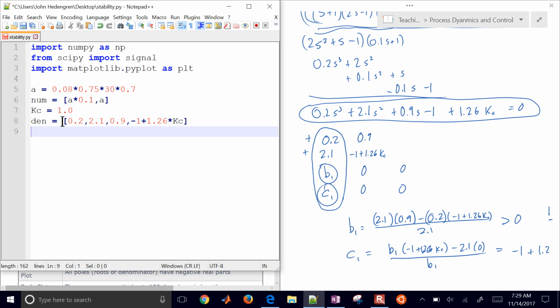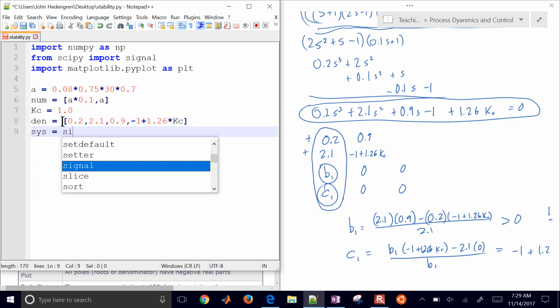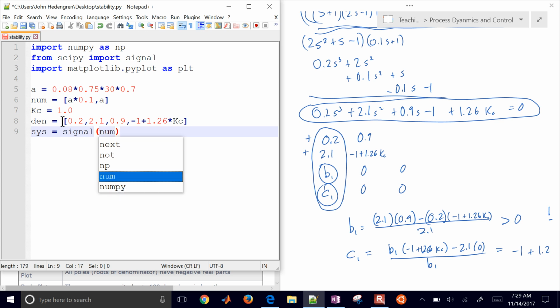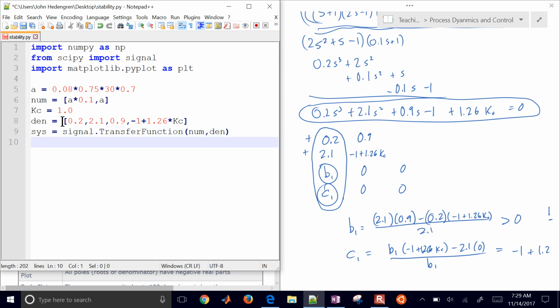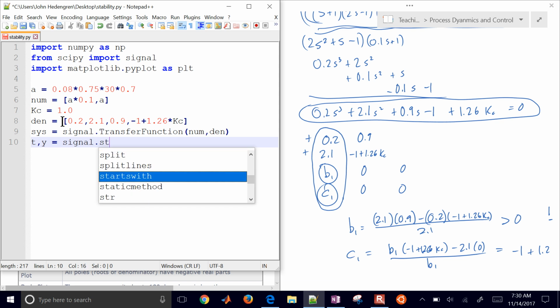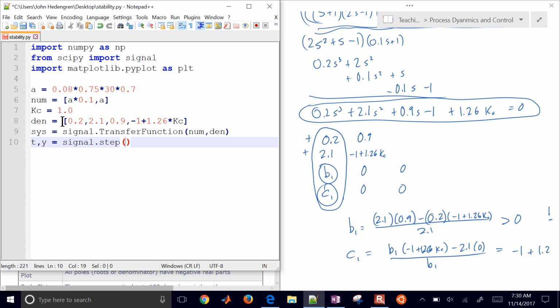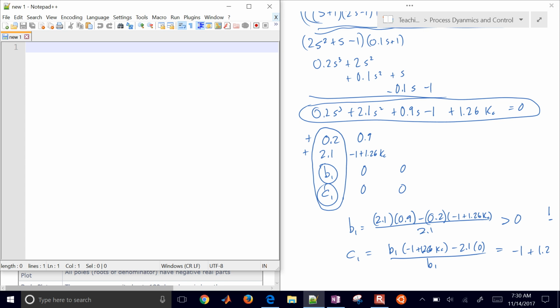Okay, so there's my denominator, and then I'll use my signal package with signal.TransferFunction with my numerator and denominator terms, and then I'll get my response by using signal.step, and I'll step this system that I have, and then I'll plot it. Okay, and I can plot t comma y.